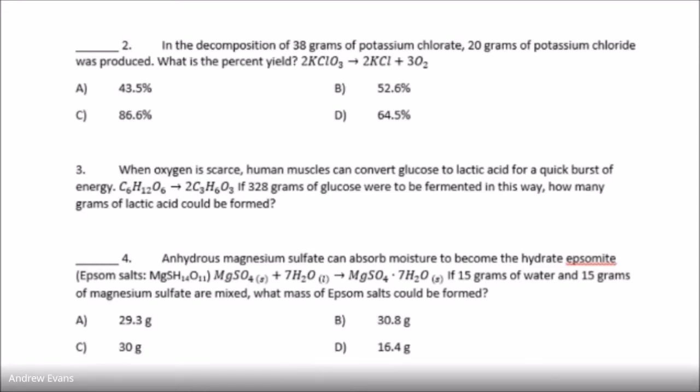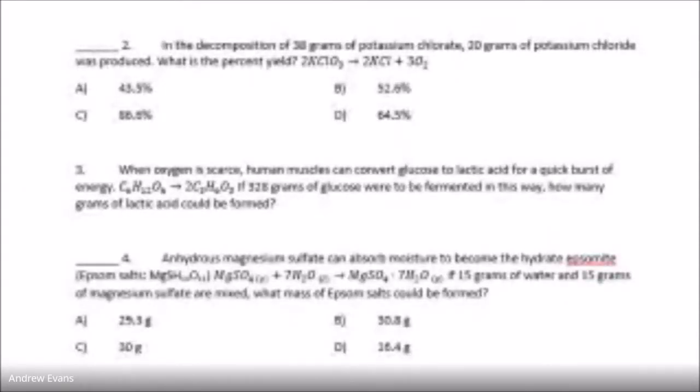Now this one looks really, really hard, but if you understand the first law, essentially the idea that everything must be conserved, it's actually really easy. Oxygen is scarce. Human muscles can convert glucose to lactic acid for a quick burst of energy. So glucose, which is C6H12O6, to 2 molecules of C3H6O3.